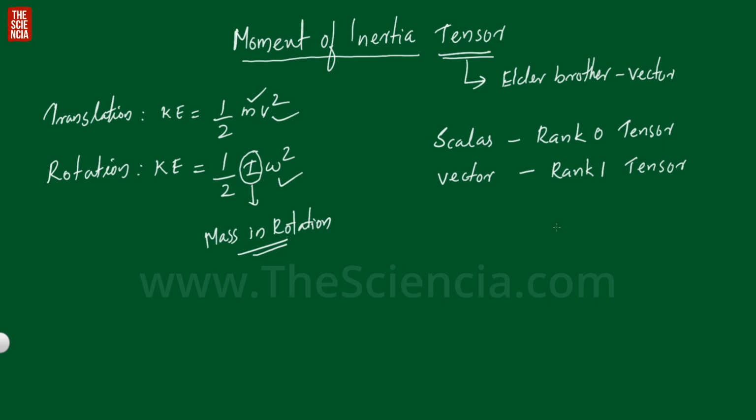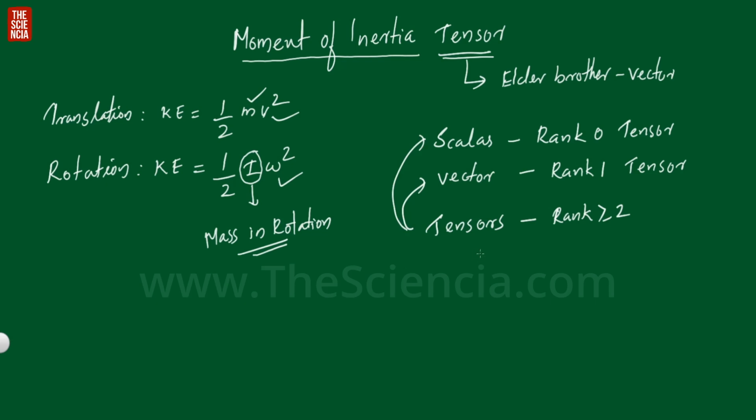Tensors with ranks greater than or equal to 2 are generally called tensors. So the scalar and the vector are special cases of tensor.